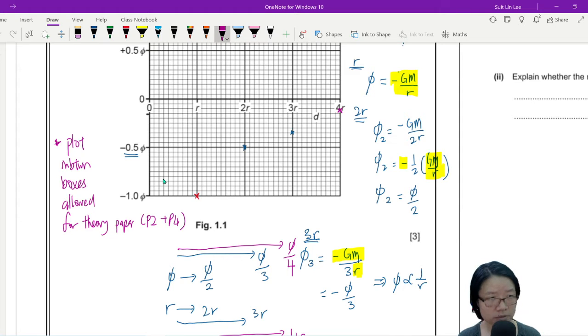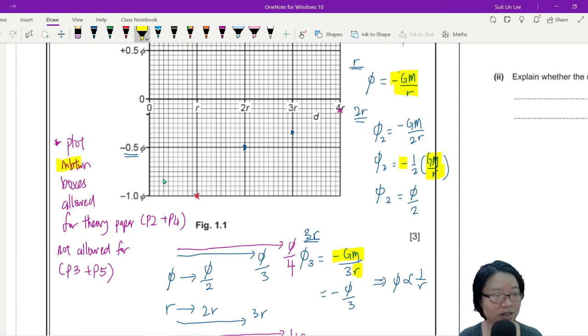Not allowed for paper 5 and paper 3. Well, I won't say not allowed, it's ambiguous. So the idea of in between boxes: paper 4 can, theory can. So try your best to plot in the middle, because this graph is 3 marked, so every point matters.